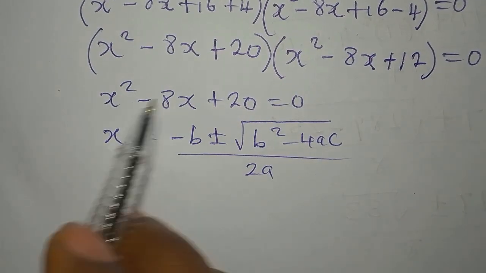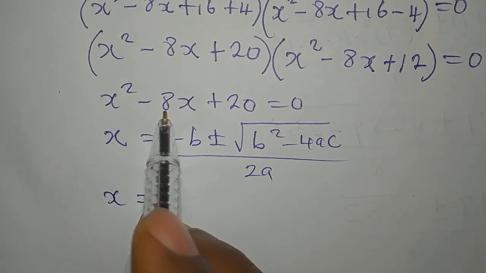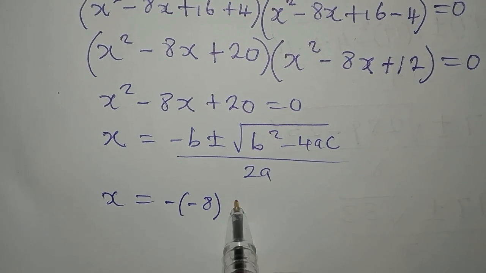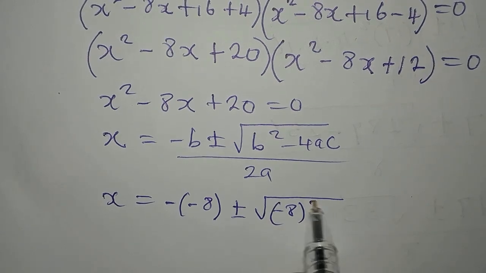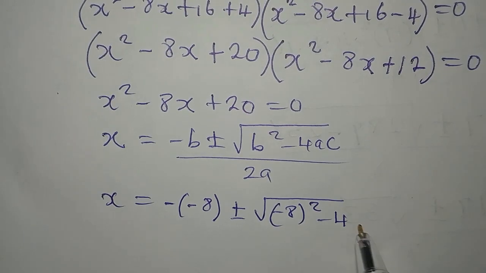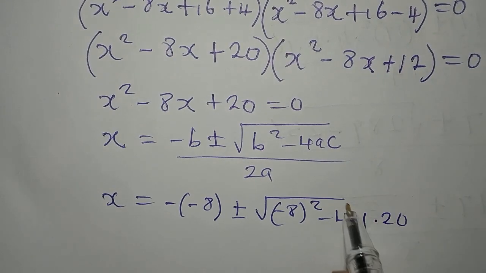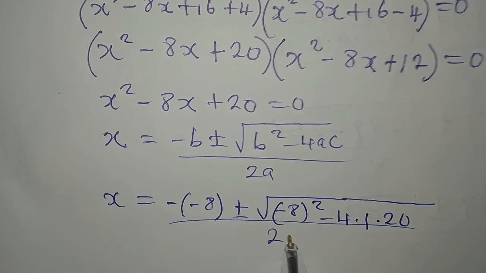According to this equation, our a is 1 and our b is −8. So we have negative 8 plus or minus the square root of (−8)² − 4 times 1 times 20, then we divide this by 2 times 1.